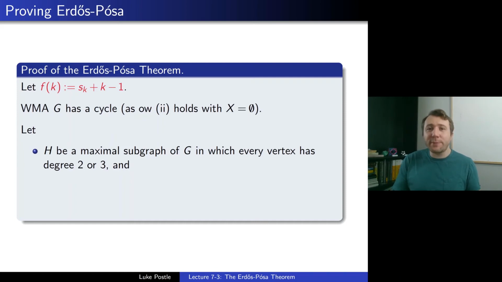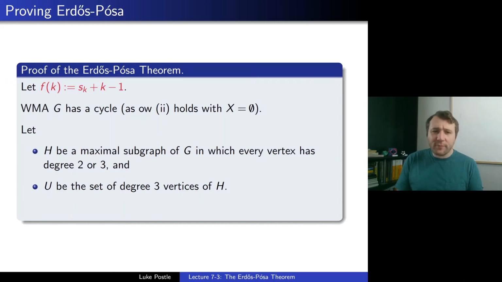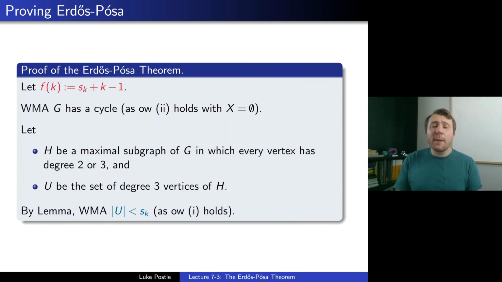So it's really that plus some cycles. And then we'll let U be the set of degree 3 vertices of H. Okay, and then what we know is, by the lemma, we may assume that U is at most S_k, as otherwise we would find k vertex-disjoint cycles in the cubic multigraph and then pull them back to G.